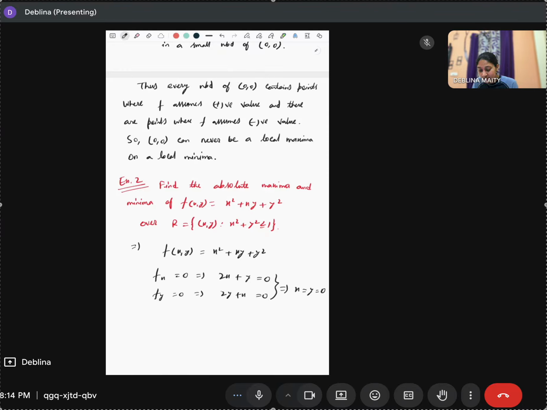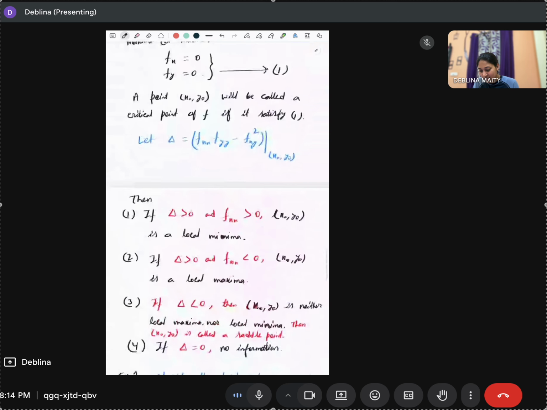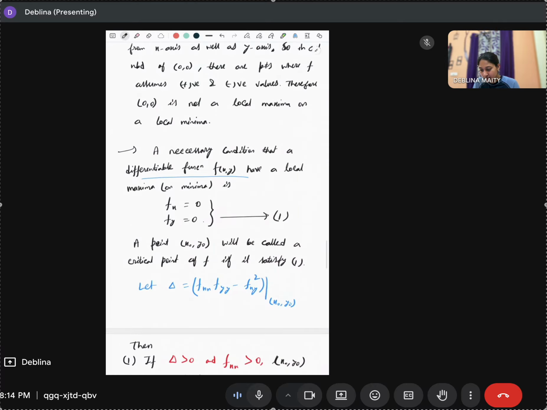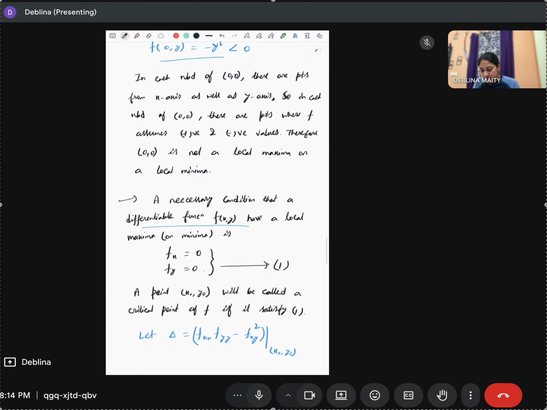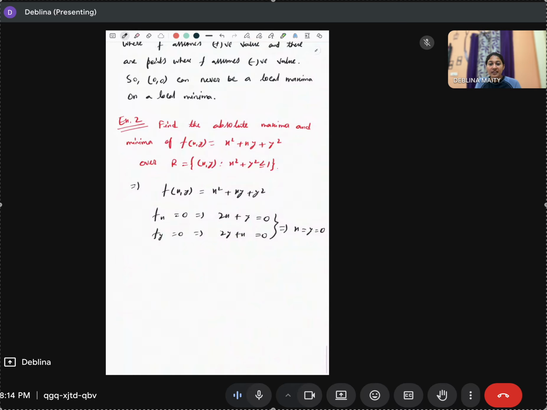Now this gives the critical points inside this R, right? Because these definitions were in the open set. For the boundary we have to calculate in a different way, right? So this means 0 0 is the only critical point.